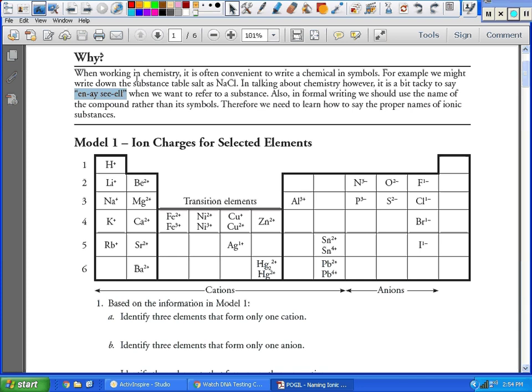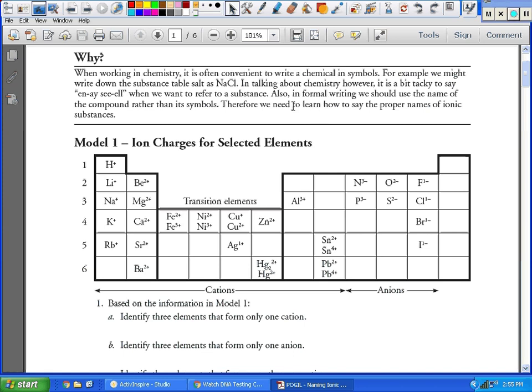Oh, I got it. Okay, that makes sense now. It's the phonetic aspect of it. NaCl. What? That is stupid. Okay, whatever. When referring to a substance, also in formal writing, we should use the name of this compound rather than its symbols. Therefore, we need to learn how to say the proper name of these ionic substances.